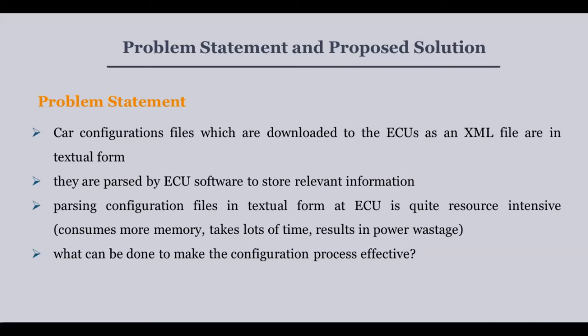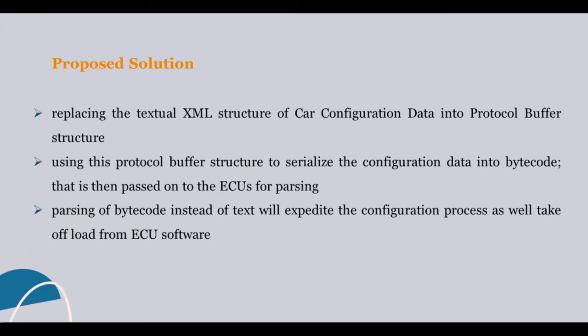So what can we do to make this configuration process effective? The proposed solution is replacing this XML structure with the protocol buffer structure, and using this protocol buffer structure to serialize the configuration data. Now, instead of decoding the whole textual file, the ECU can easily decode the bytecode, and this will speed up the configuration process.